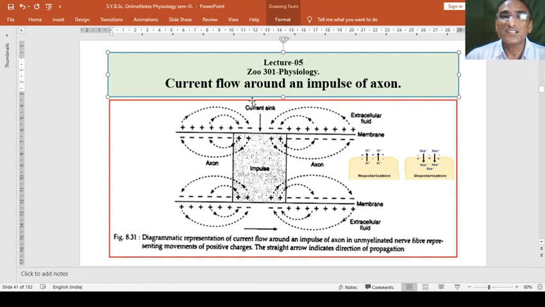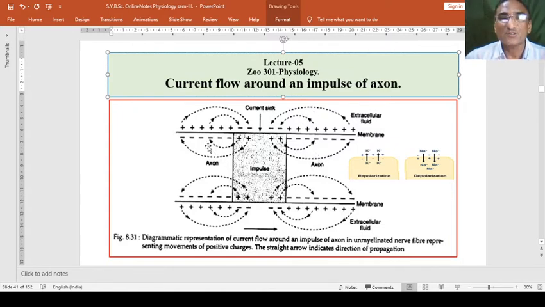So this is the current sink from which the impulse is passing. This is the extracellular fluid, this is the intracellular material, and again this is the extracellular fluid. This whole thing is the axon, and this axon shows positively charged ions outside, and as soon as they enter, it becomes negatively charged.